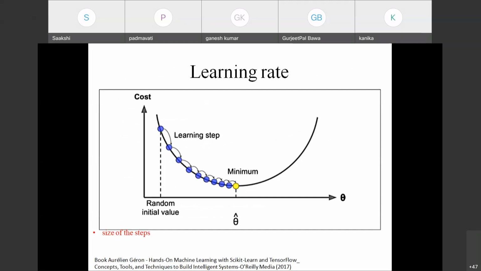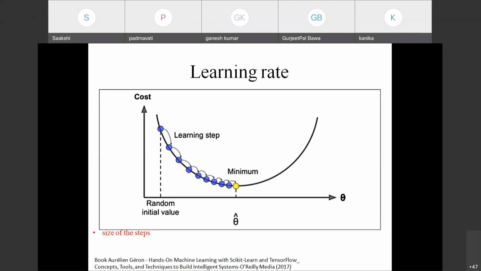But let us check how it changes. How do I change the learning rate, or with what value should I initialize the learning rate? How does it affect the learning of the parameter values?